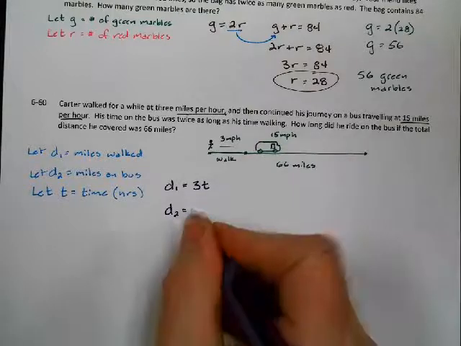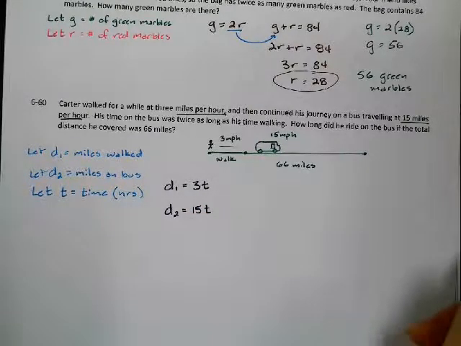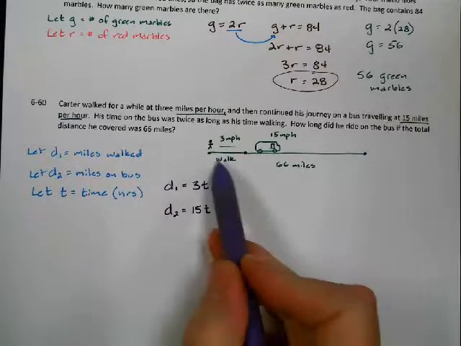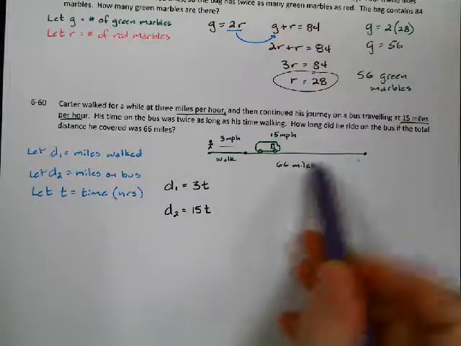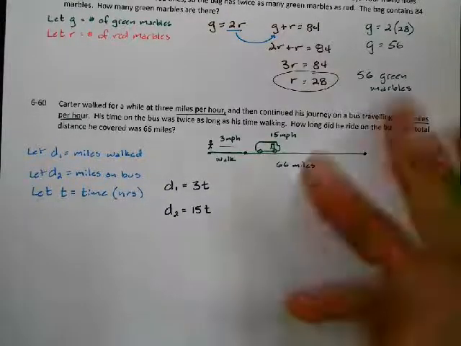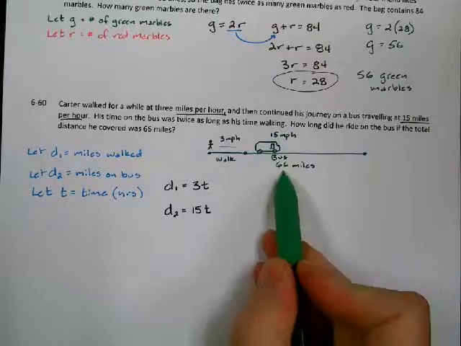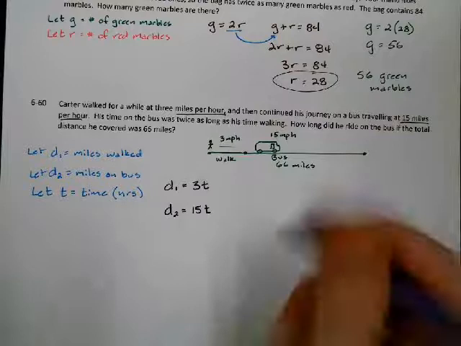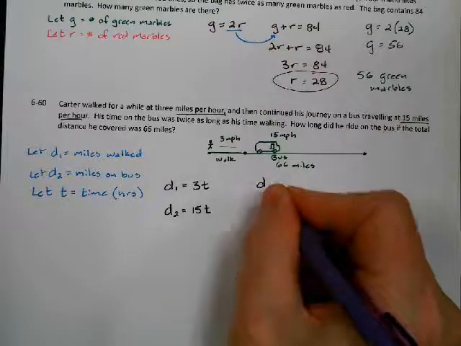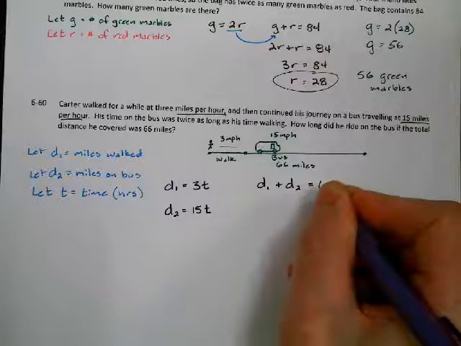And then what do we know about the two distances? Well, his walking plus his bus riding is going to be a total of 66 miles. So I can write the equation d sub 1 plus d sub 2 equals 66 miles.